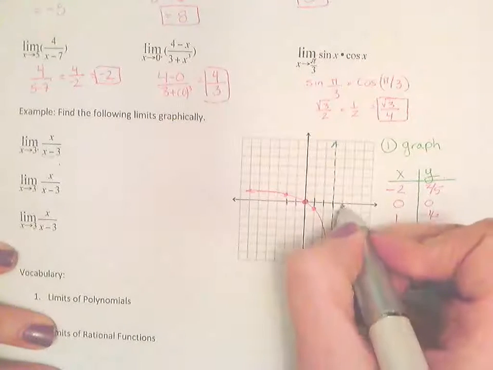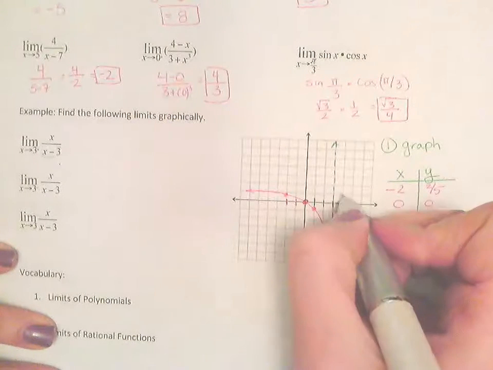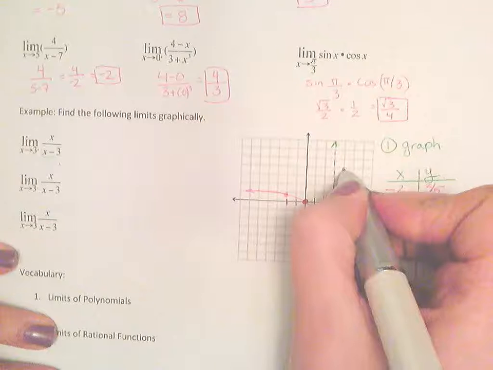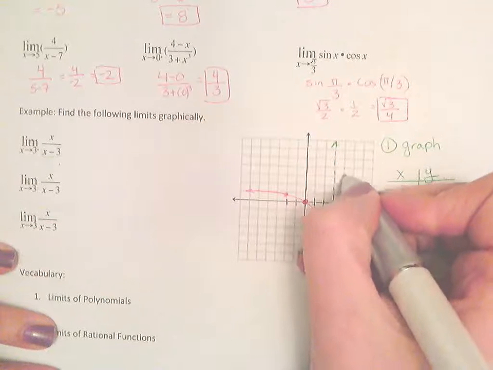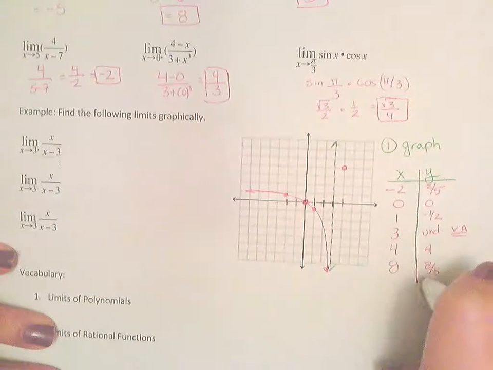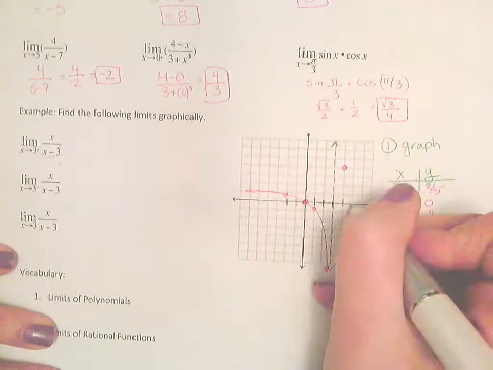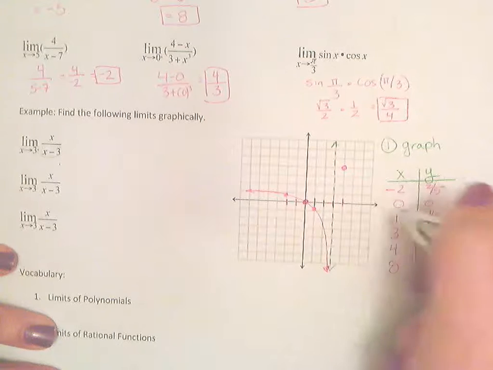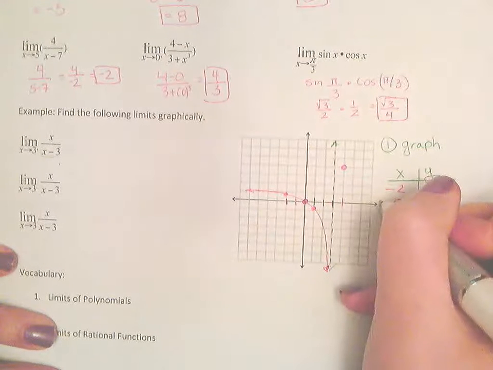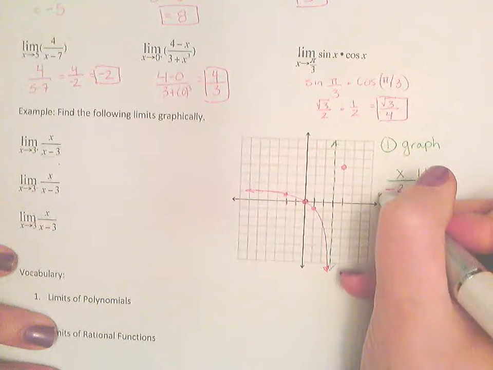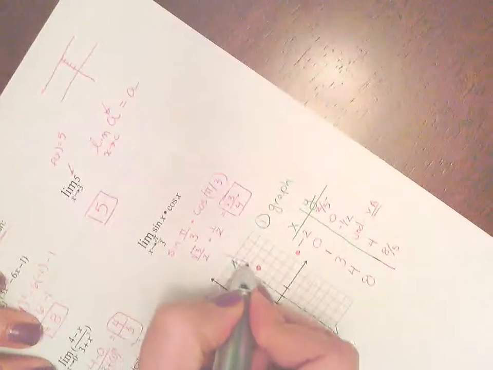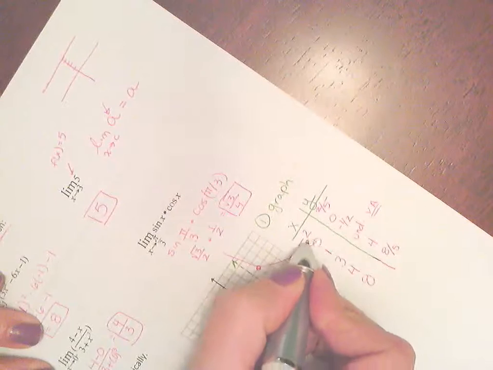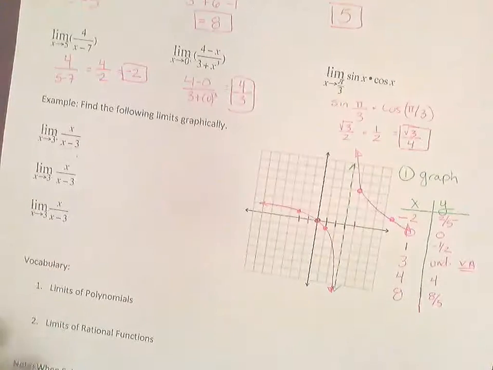At 4, my graph is up at 4, so 1, 2, 3, 4. And then at 8, I probably should have picked 7, but whatever. At 8, I am at 1 and a little bit. So obviously it's kind of going down in this direction. Okay, so there's my graph.